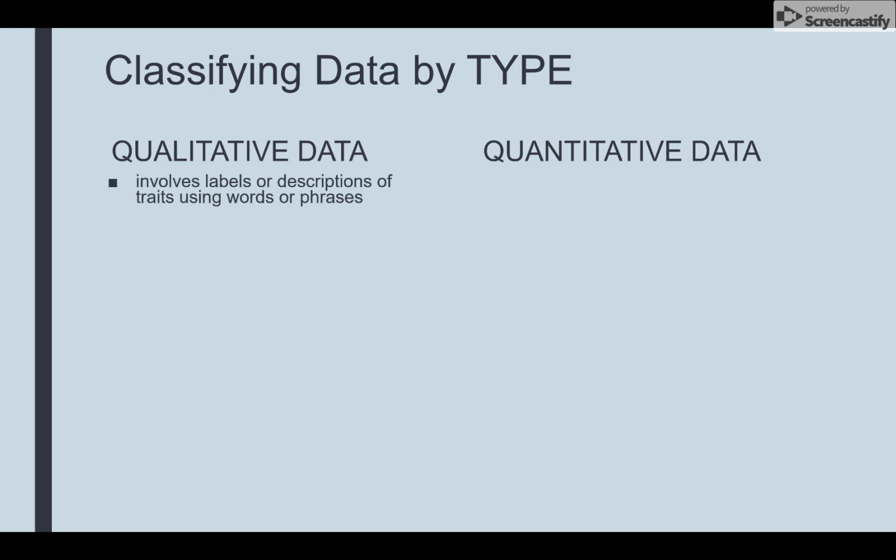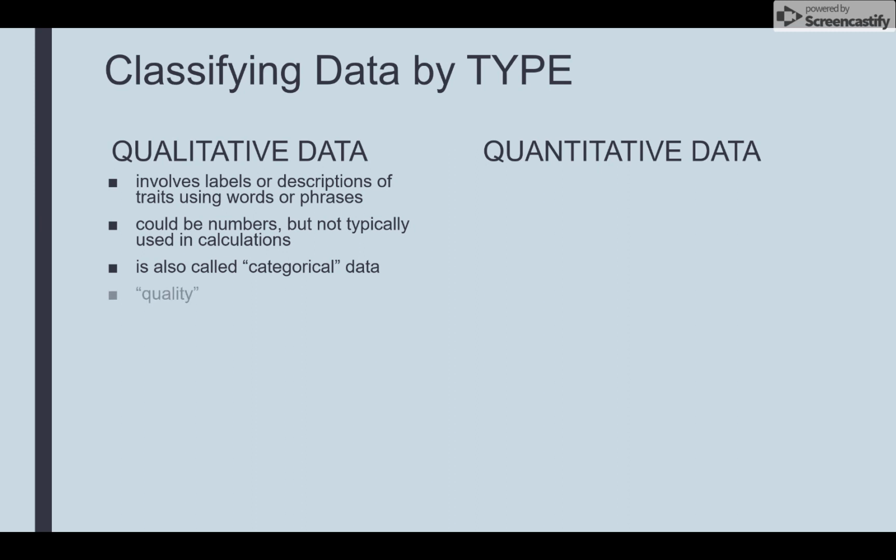Qualitative data involves labels or descriptions of traits that typically involves words or phrases. It could be numbers, however, usually it would be numbers that we don't typically calculate with. It's sometimes also called categorical data because it involves categories. With qualitative data, you want to think about it being a quality, again, or a characteristic of the particular variable.